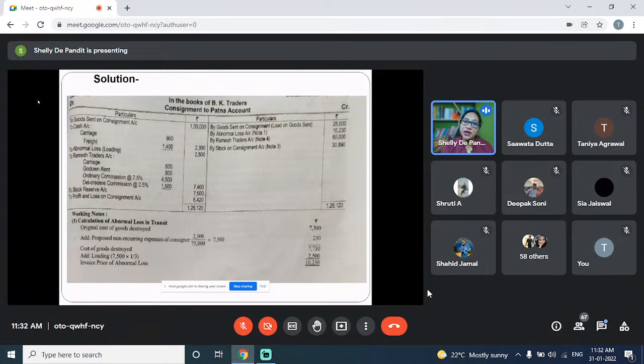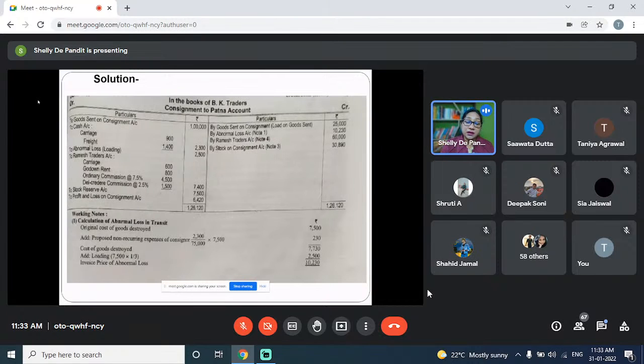So 2 ways you can do the thing. The same answer will come. 75,000 plus 1/3 of 75,000 is equal to 75,000 plus 25,000 is equal to 1 lakh. So goods sent on consignment stood as 1 lakh.